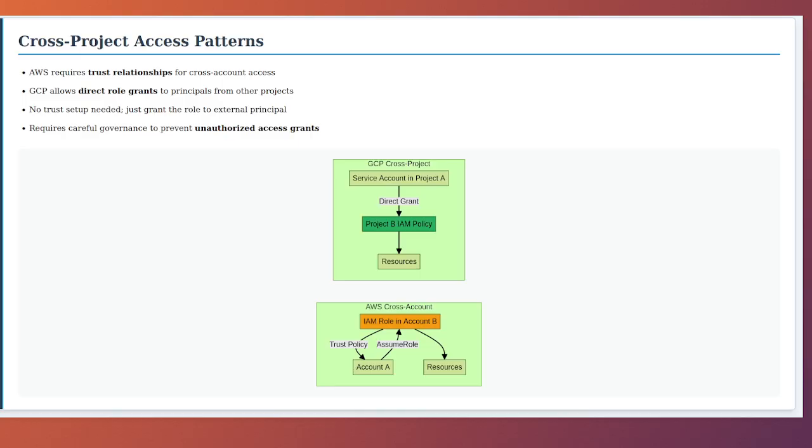When migrating from AWS, remember that GCP's cross-project access does not require the equivalent of cross-account role assumption. Simply grant the appropriate roles to the identities that need access, being mindful of the inheritance model when granting roles at higher hierarchy levels.